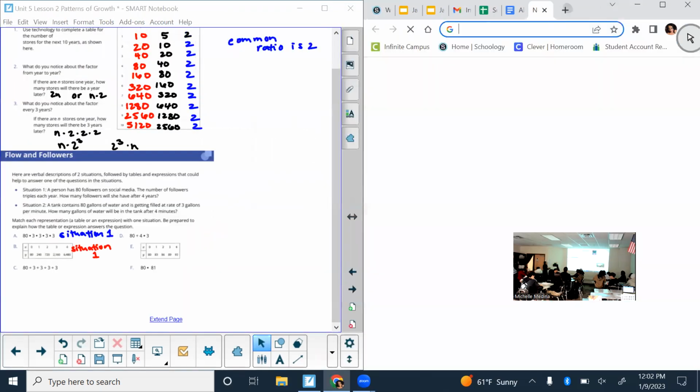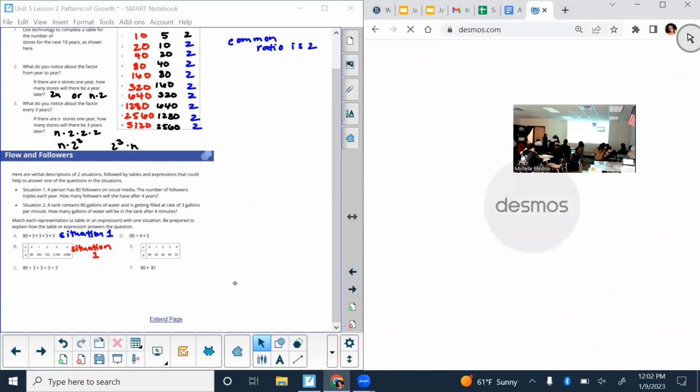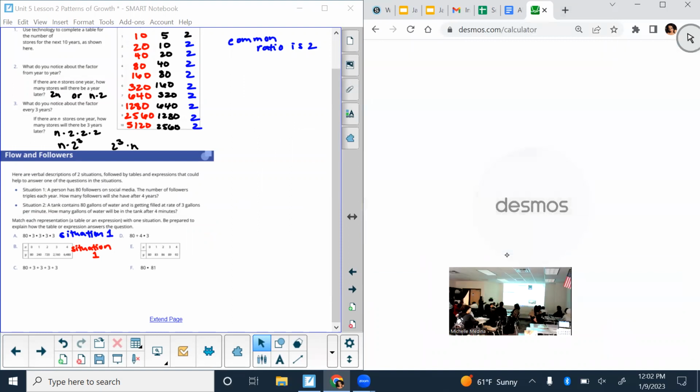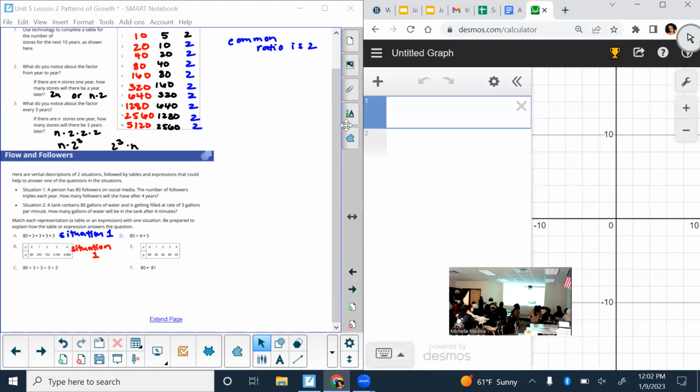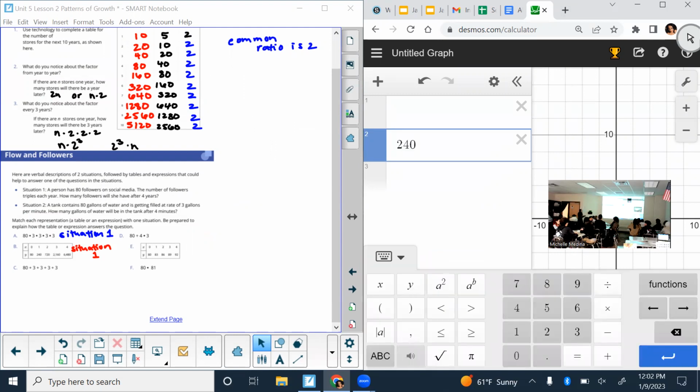So, timesing by 3 is the pattern for the first one. In the table form, what would the X's represent then? If it's situation one, the year, so year one, year two, year three, year four. Each year, it's timesing that number by 3. So then it's 240 times 3. Is that what we got in the table for year two?